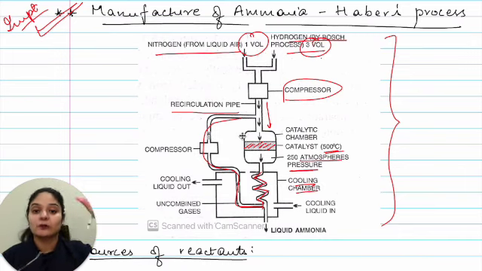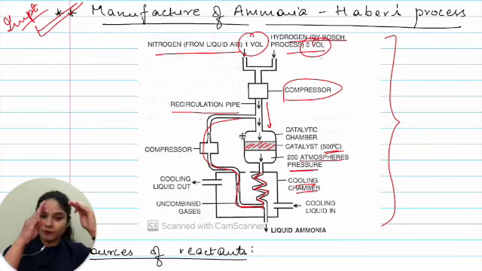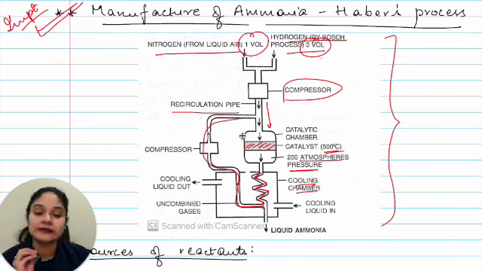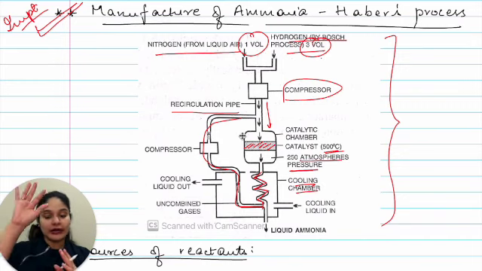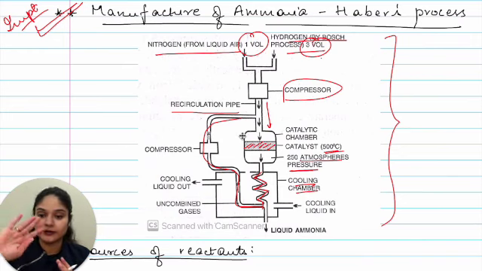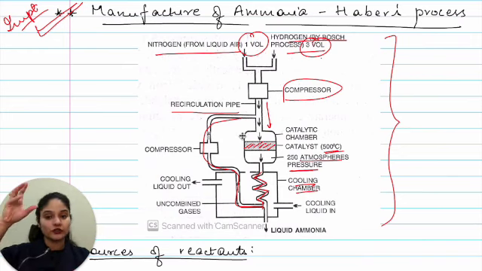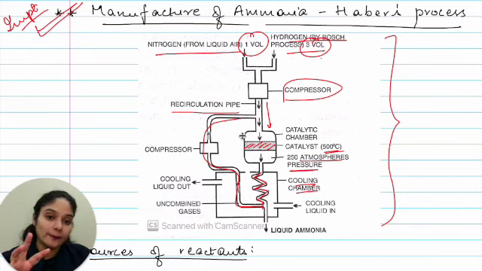1:3 by volume, nitrogen gas and hydrogen gas are introduced in the apparatus, go into the compressor, and move ahead into the catalytic chamber where the catalyst is kept at 500 degrees Celsius and 250 atmospheric pressure. Once the reaction has completed, it moves on to the cooling chamber. Because the temperature was very high, you need to drop the temperature.